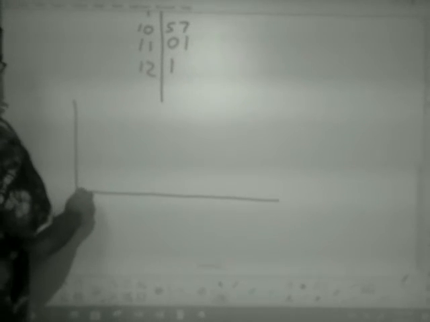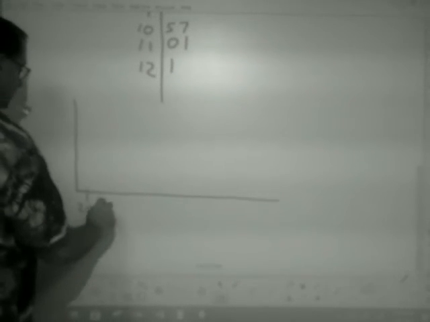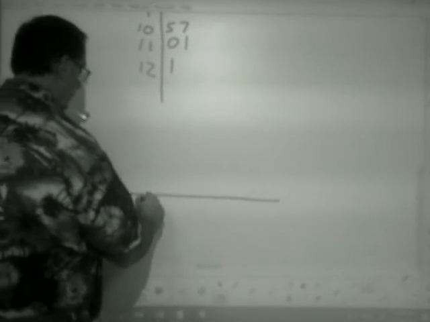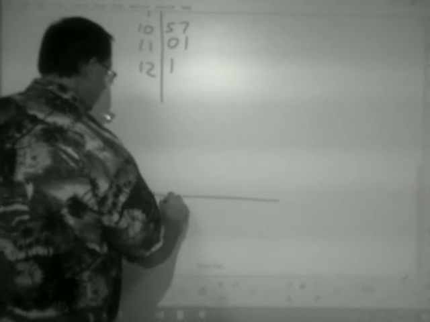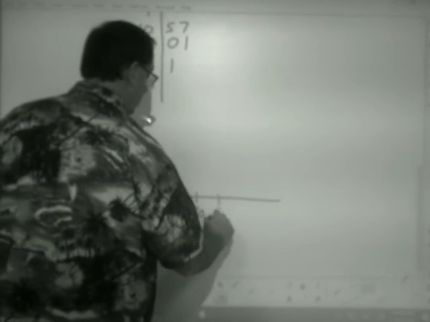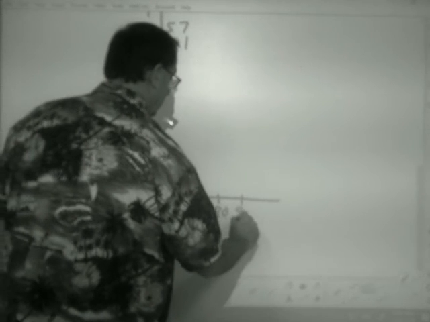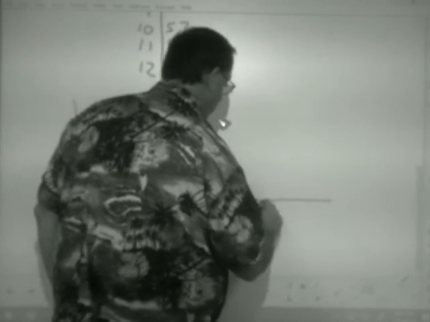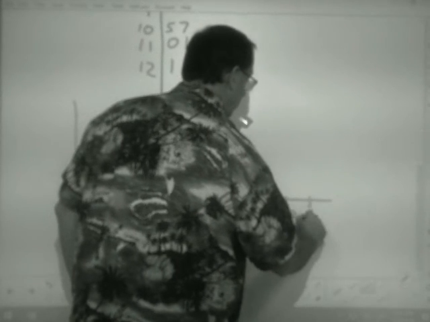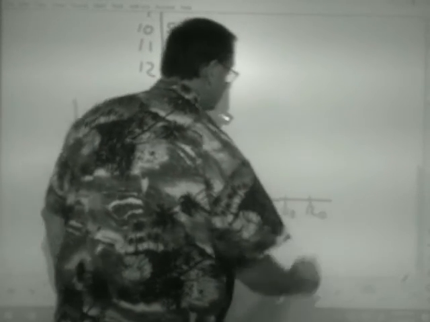I'm going to start out 20, 30, 40, 50, 60, 70, 80, 90, 100, 110, 120.